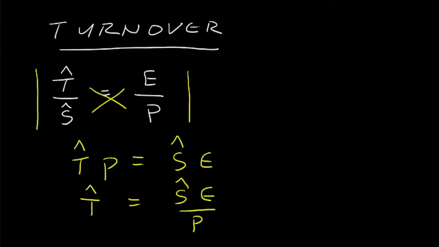Now, as you recall from earlier, we did manage to figure out or generate a new equation for S hat. Remember what that equation is? So S hat is I times P divided by I plus E. Remember that one?